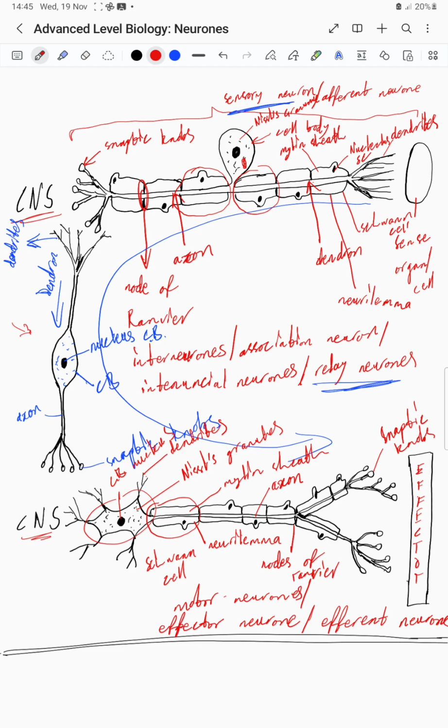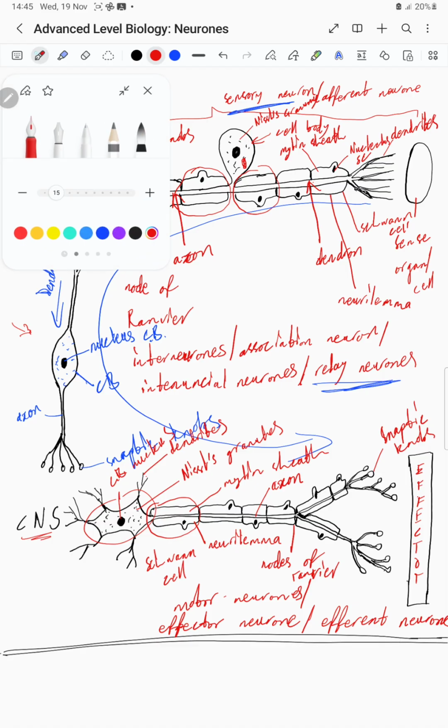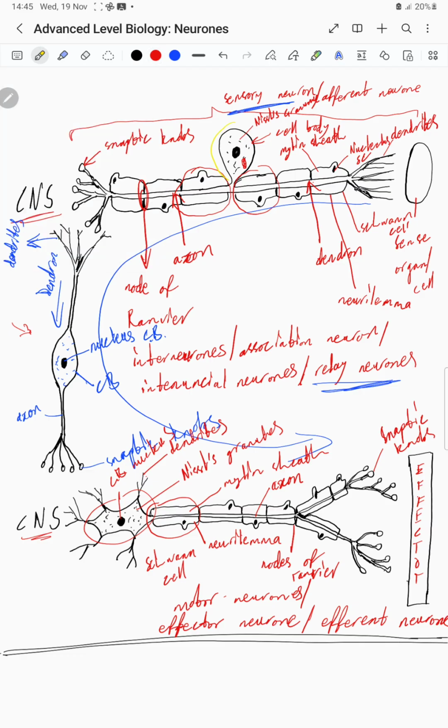As I was saying, looking at some differences and similarities: in the sensory neuron we have the cell body at the center, and also in the relay neuron the cell body is at the center.